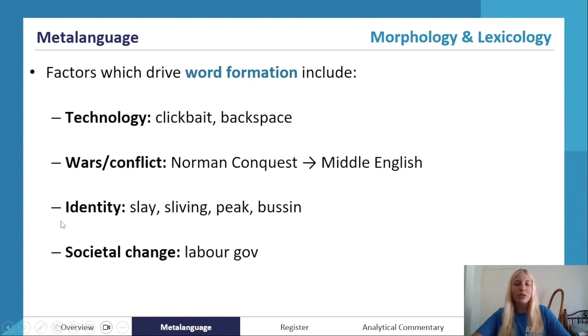Identity, personal identity, as well as community identity. Some words have been included here as well. As more and more different identities have become accepted by society, more words have resulted, and societal change. So just think about the current prevailing government, and maybe you can think of some words that have been created as a result.